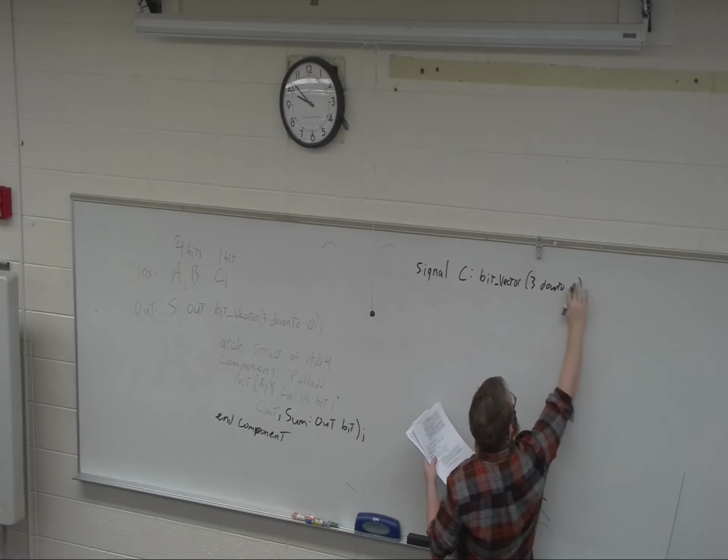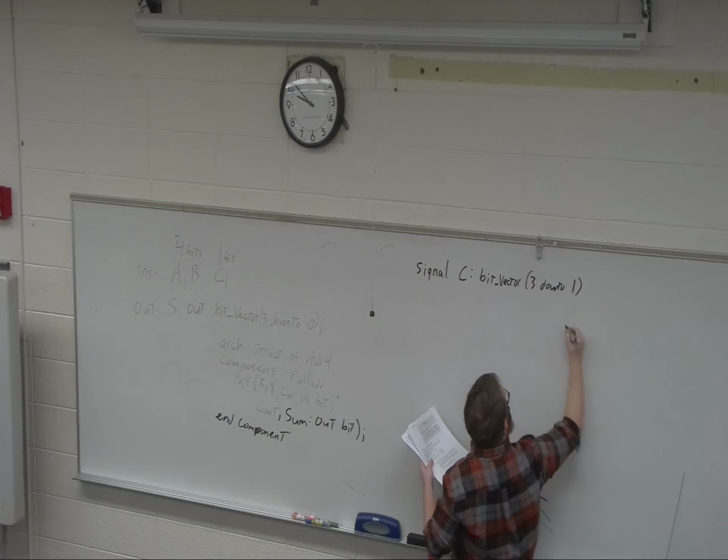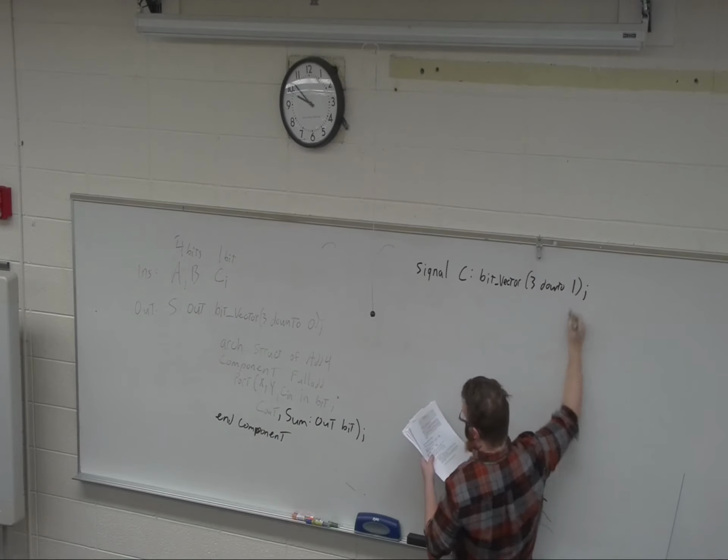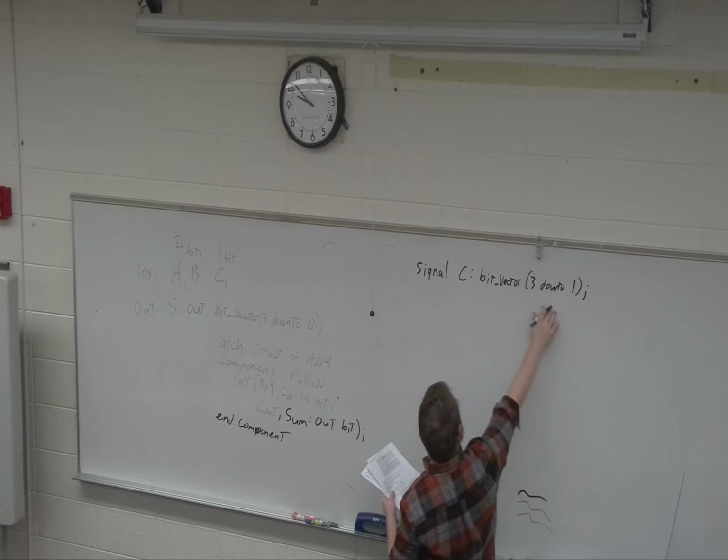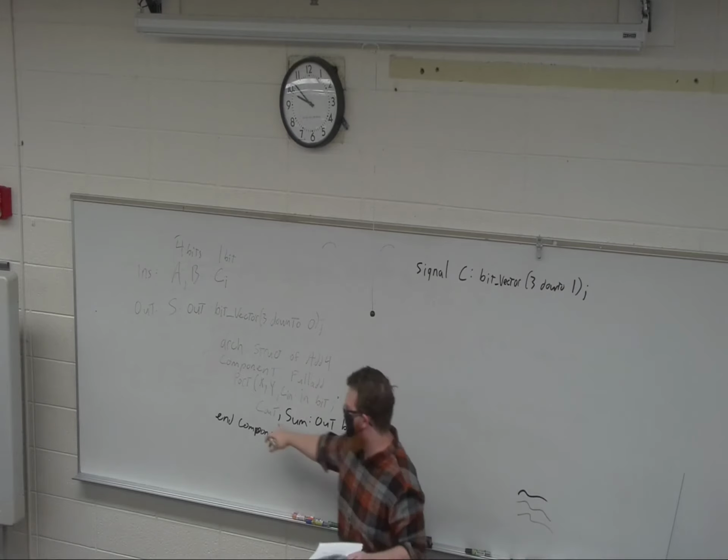Oops. This one they want to do 3 down to 1. They only want those bits. Oh, because the last one is going to be the carry out. That's why.